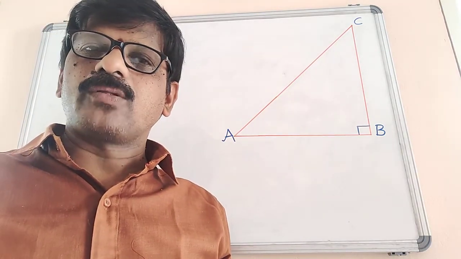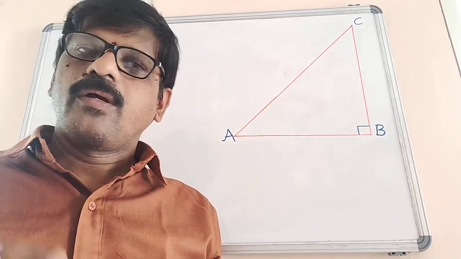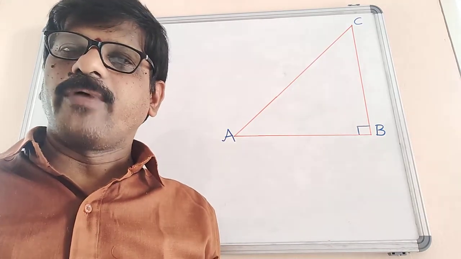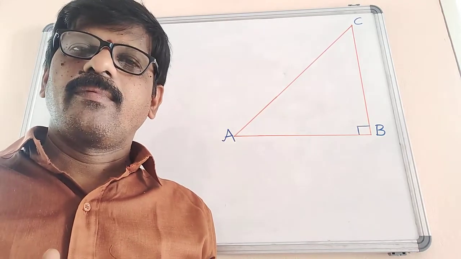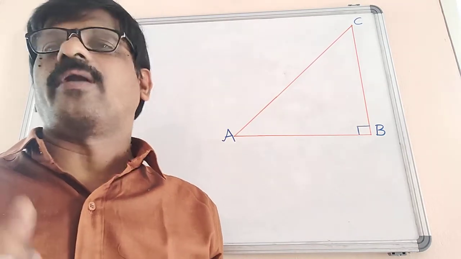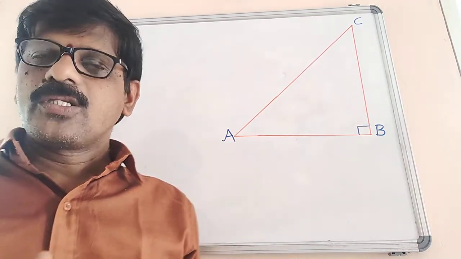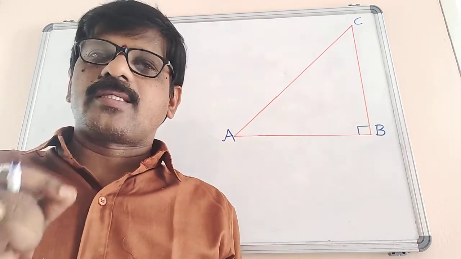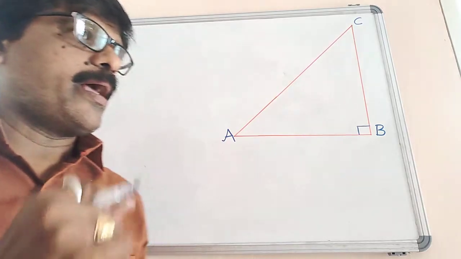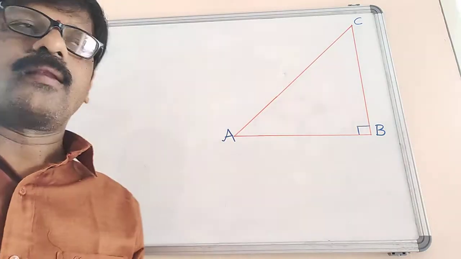What are the values of sin 45, cos 45, tan 45, cot 45, secant 45 and cosecant 45? Clear? So first of all, 45 degrees is located in a right angle triangle.